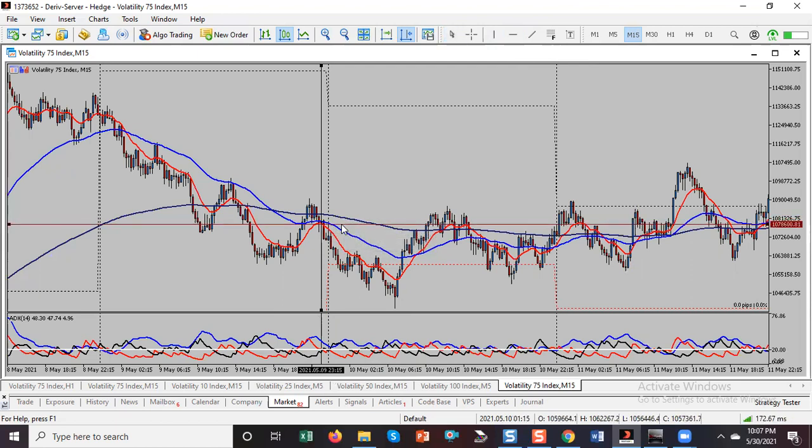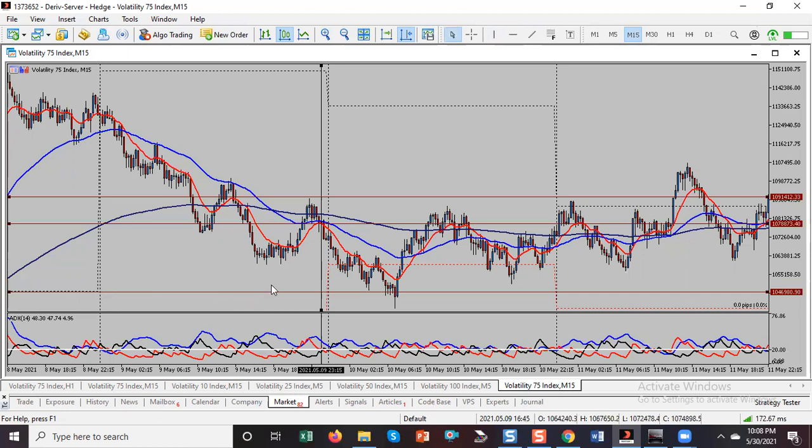If you're not sure of taking your entry here, you can wait for the next candle to close. So stop loss will be on the swing high, and your take profit will be, so this is the previous day's low, yesterday's low, this point. So another take profit. You may take the previous swing low as your first take profit, and yesterday's low as the second take profit, and that was it.